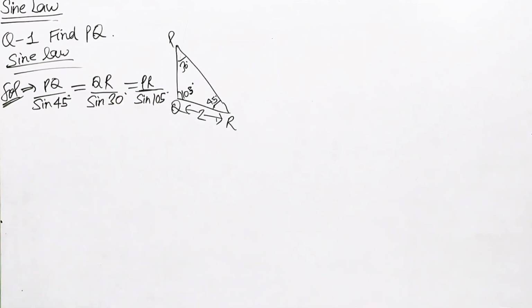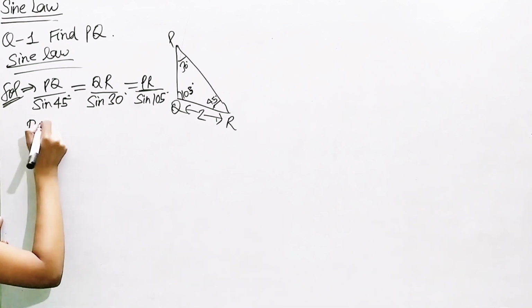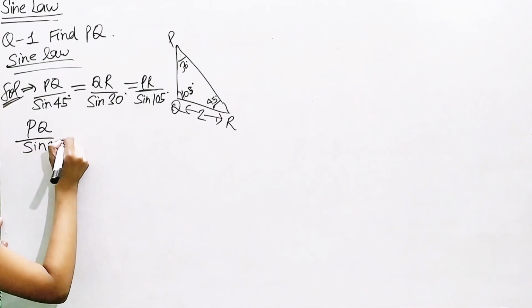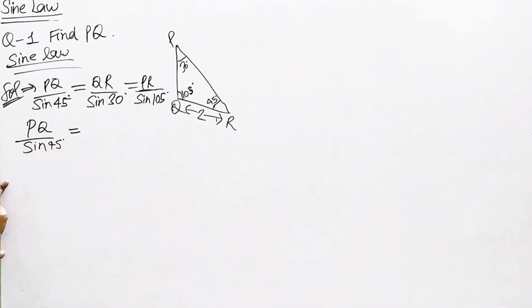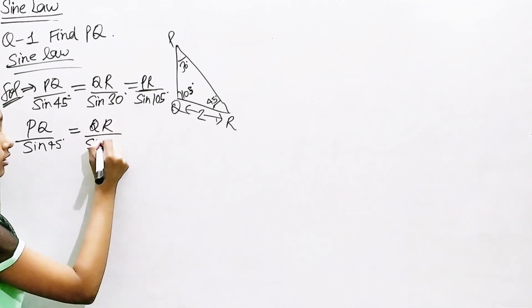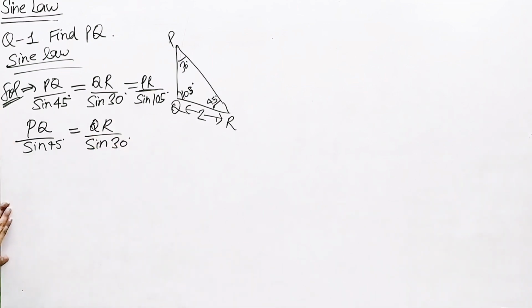Now I'm simply going to solve it. Don't forget, one of the sides is given to us. So PQ by sine 45 degrees is equal to QR by sine 30 degrees.